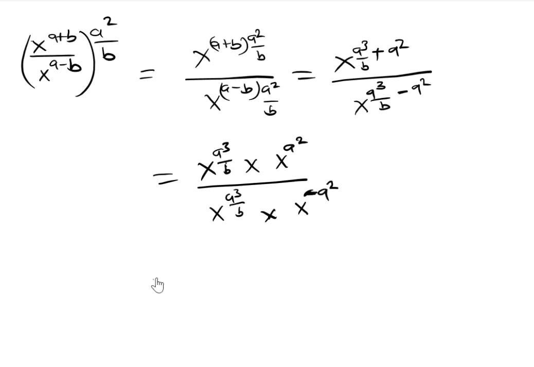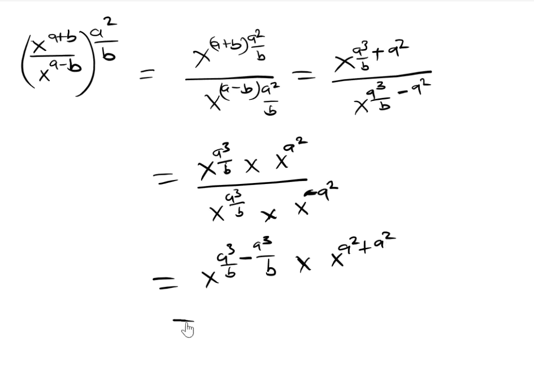Simplifying further, we have x to the power a cubed divided by b minus a cubed divided by b, multiplied by x to the power a squared plus a squared. The minus a squared, when it crosses the division sign, will turn to plus a squared.